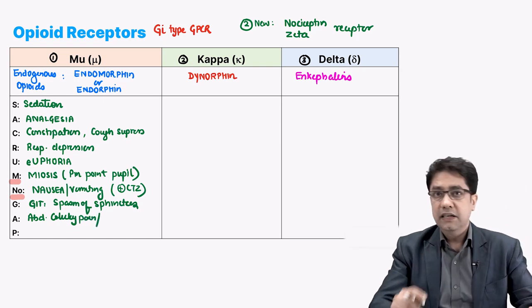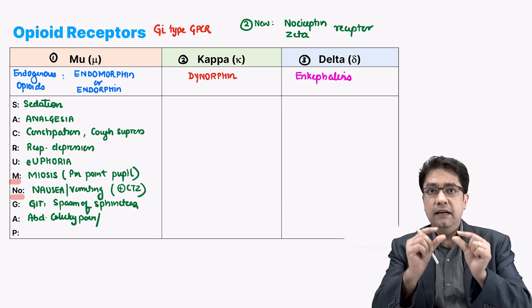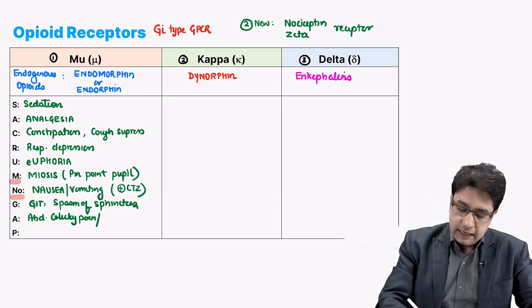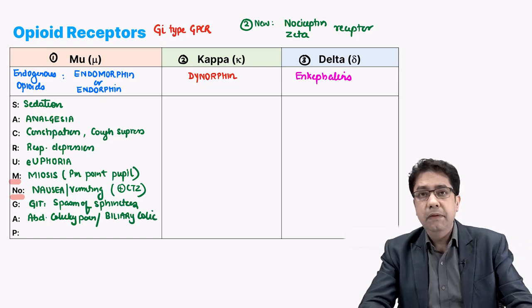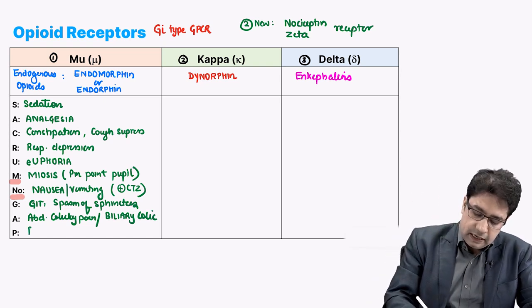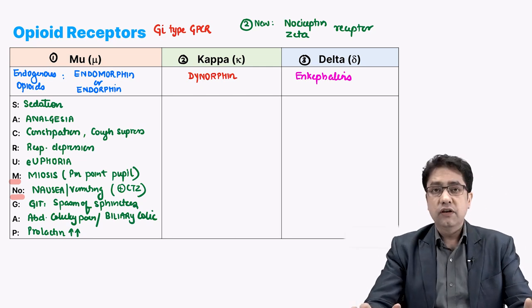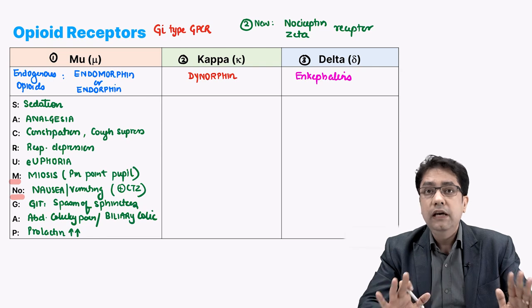Similarly, if there is spasm of the gallbladder, the gallbladder neck also has a sphincter, it can lead to biliary colicky pain, which is also known as biliary colic. And last, they increase prolactin level. Prolactin level is increased. So just focus, they can themselves cause colicky pain.